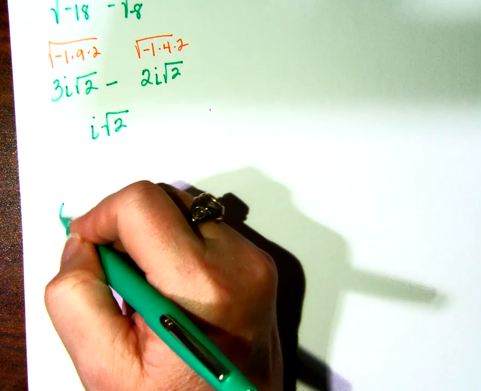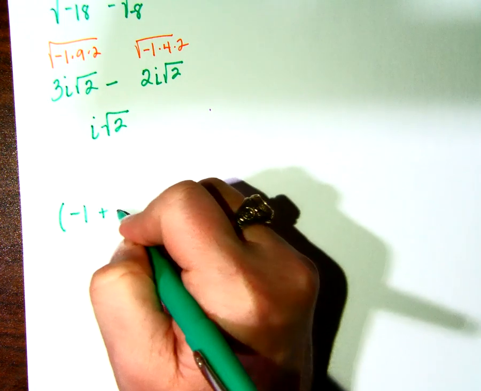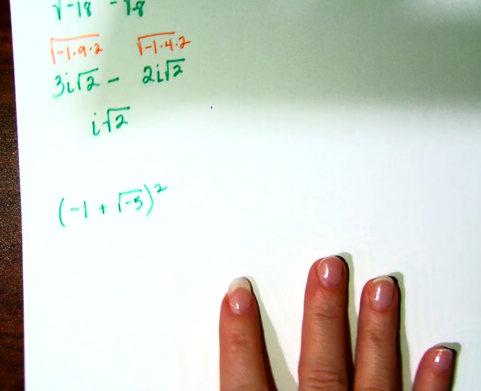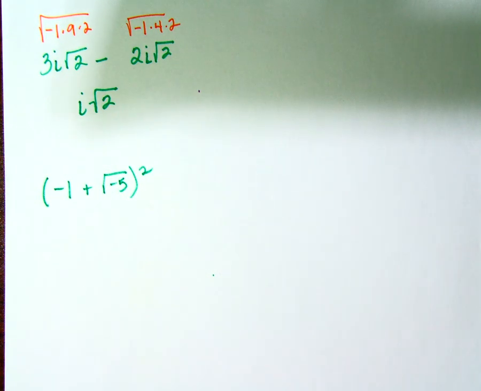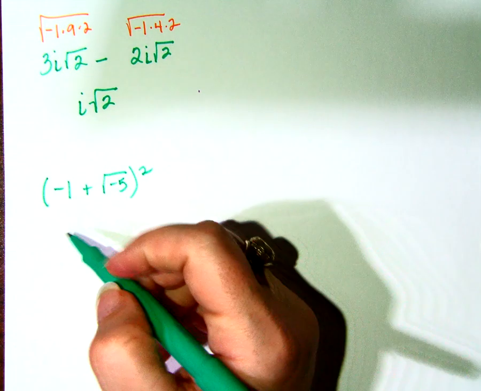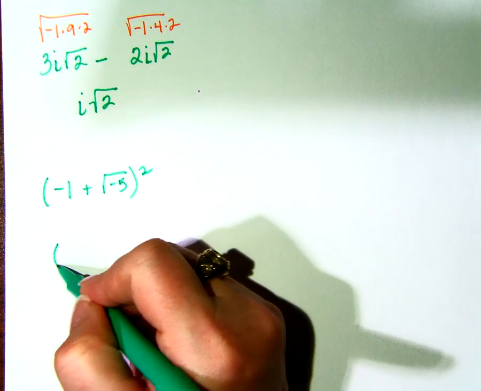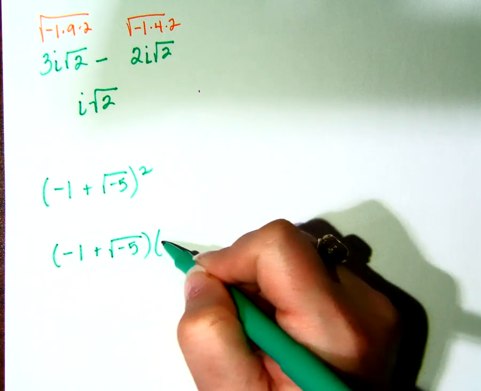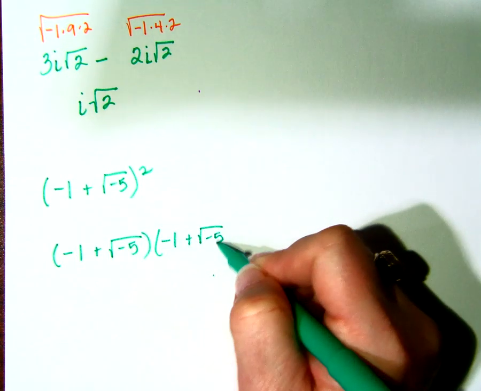What if I ask you to do a problem like negative 1 plus the square root of negative 5, squared? Could you do that? What does it mean to square something? Multiply by itself. So negative 1 plus the square root of negative 5 times negative 1 plus the square root of negative 5.